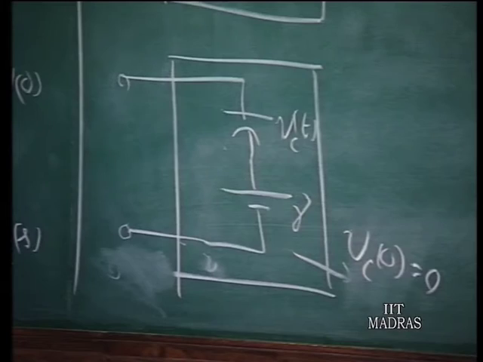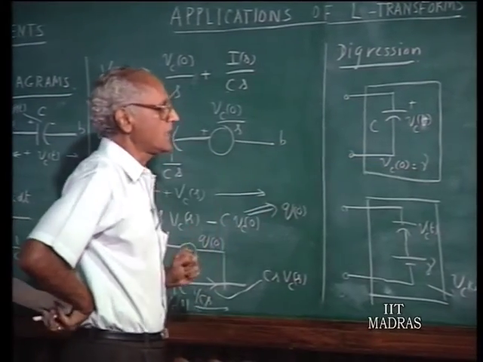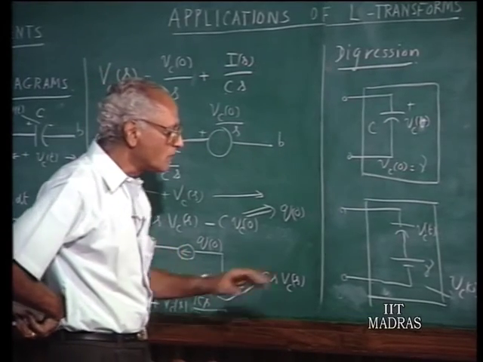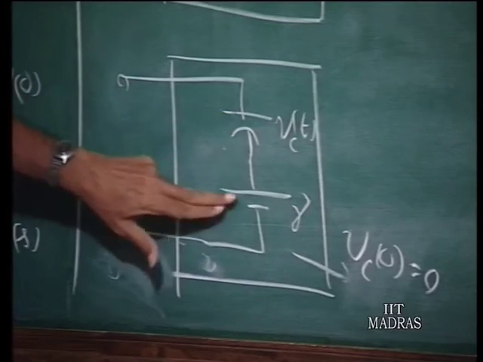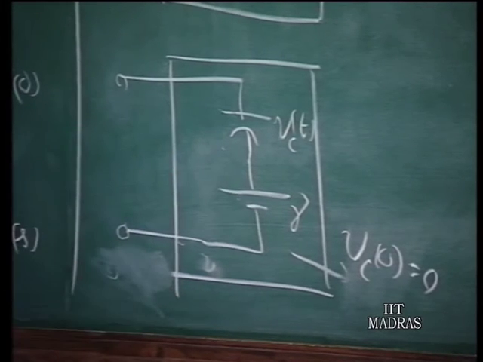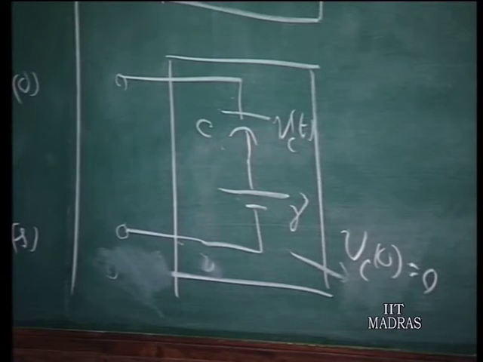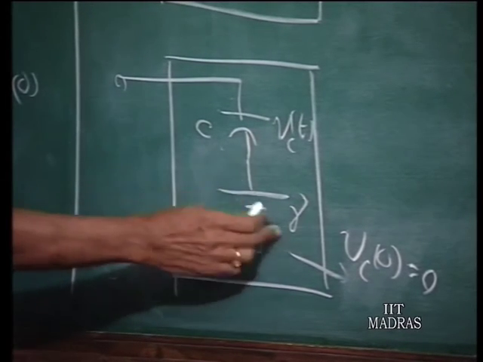And therefore, if we have a capacitor which is carrying an initial charge and therefore initial voltage gamma, we can represent this as an uncharged capacitor in series with a source. And if you take the Laplace transform of this, the capacitor C has 1 over Cs as the generalized impedance, and a source which is gamma over s.